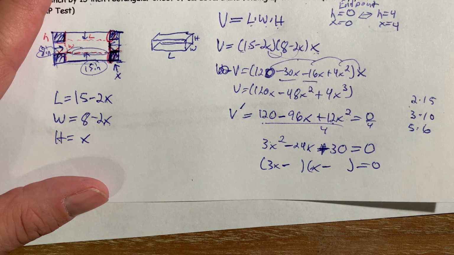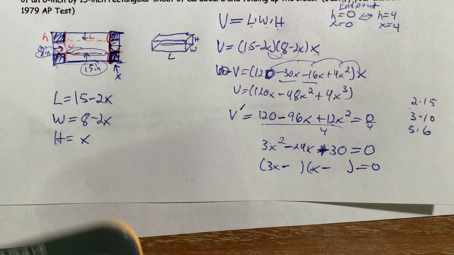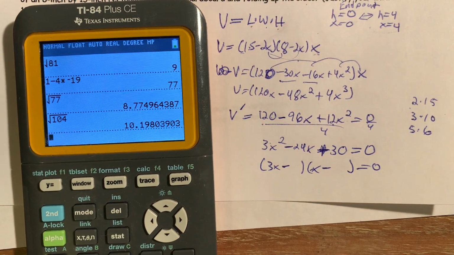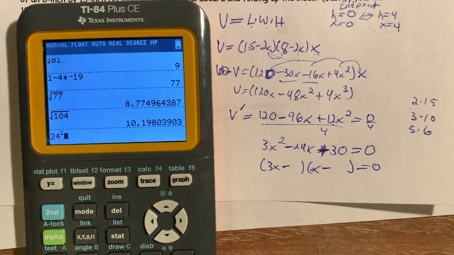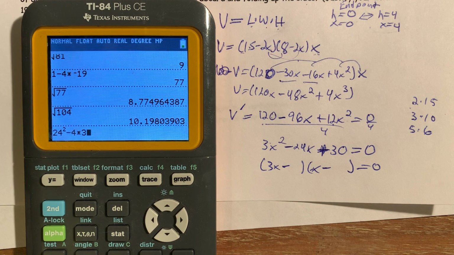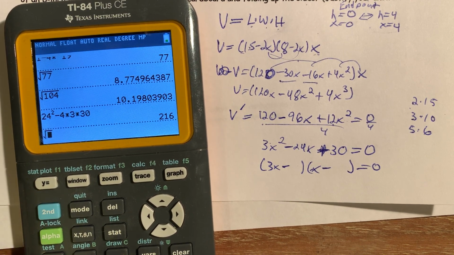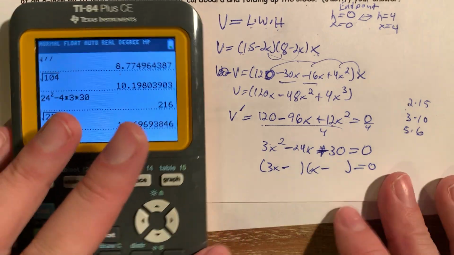Or maybe I made a mistake earlier and this one doesn't factor. Let me check something on the calculator to make sure I'm not doing something wrong. We can do the discriminant to see if this is possible to factor. Minus 4 times 3 times 30, and the square root of that. So I made a mistake earlier.